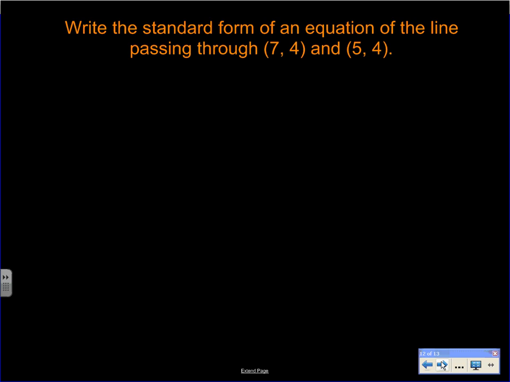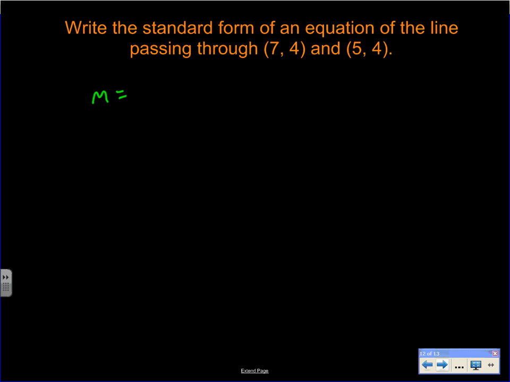Let's look at this one more example here. Let's see if you can go ahead and write the standard form of the equation that passes through the points 7, 4, and 5, 4. Pause the video. I will work it out here in one moment for you.